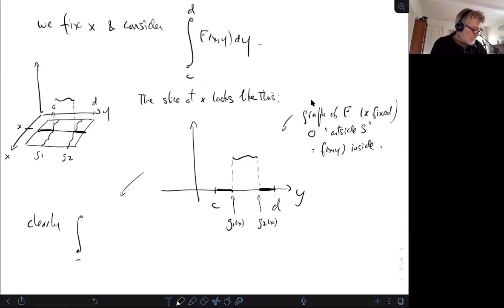Okay, so clearly the integral from C to D of big F is equal to, I'm going to split it up into 3 parts.